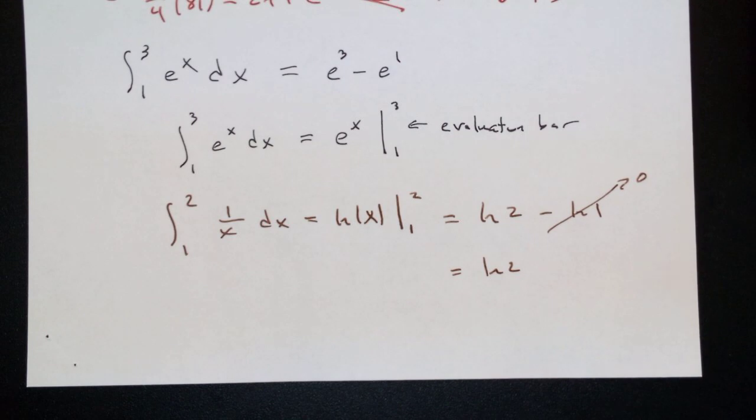So your estimates should be somewhere around 0.7, because ln of 2 is 0.693147. Should be around 0.7. You'll notice I didn't even bother to write down the plus c. I don't need it. It's completely irrelevant, as long as I can find an antiderivative.